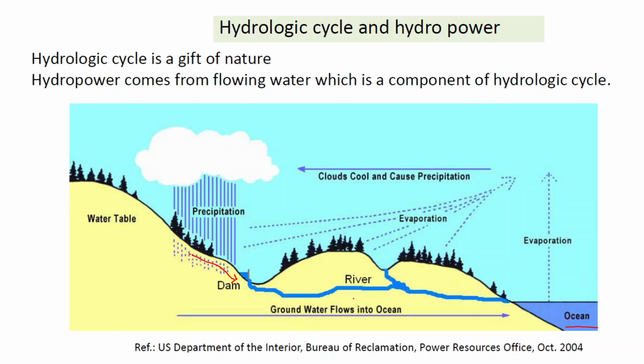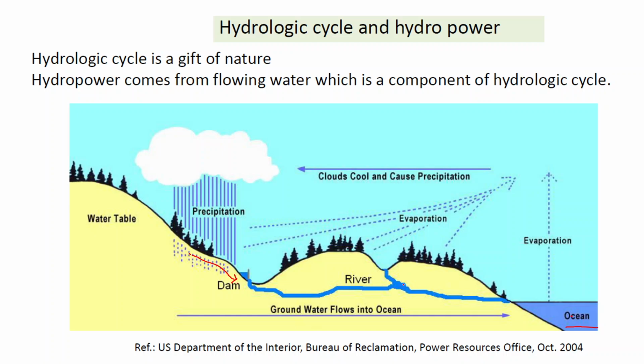the water contains kinetic energy, and this kinetic energy is harnessed by installing turbines in these rivers, lakes, and canals, etc. This flowing water turns the turbines.